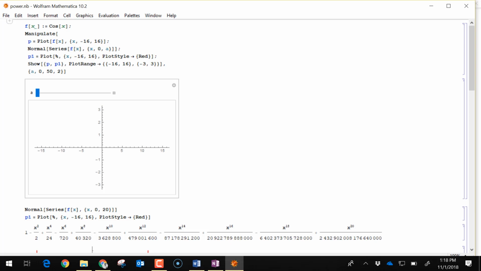Plot f of x, series, plot. Let's call this something.